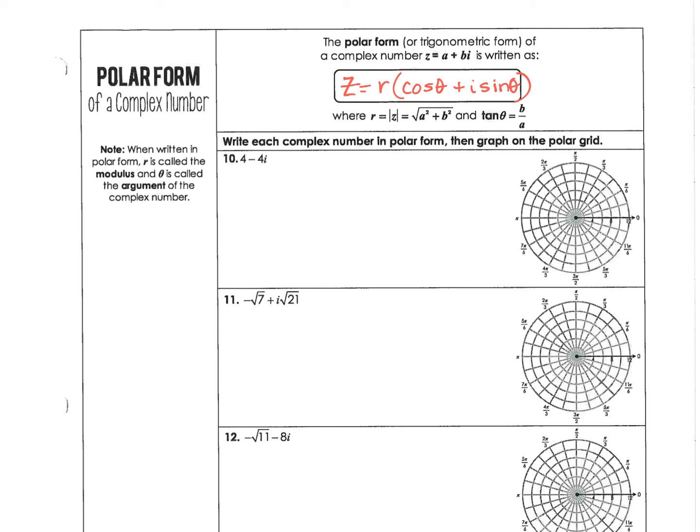R cosine is X, R sine is Y, isn't it? So think of A plus BI as kind of being X plus YI, right? Where X is R cosine and Y is R sine, isn't it?